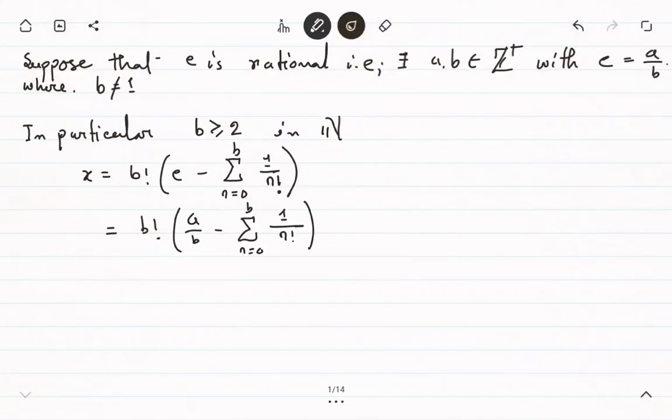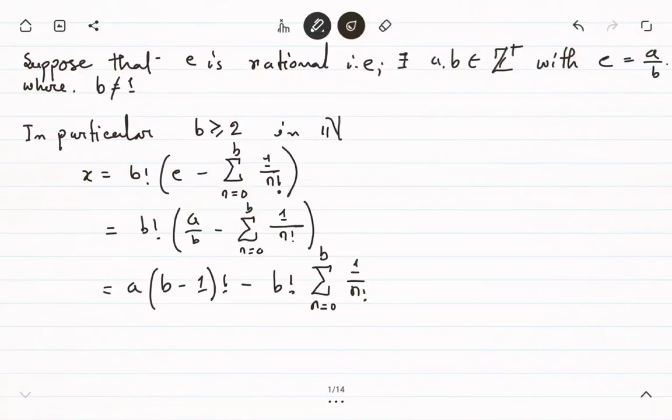Now we can write a times b minus 1 factorial, minus b factorial times the sum over n running from 0 up to b of 1 by n factorial.